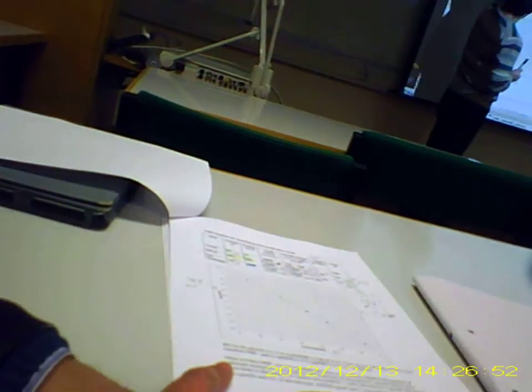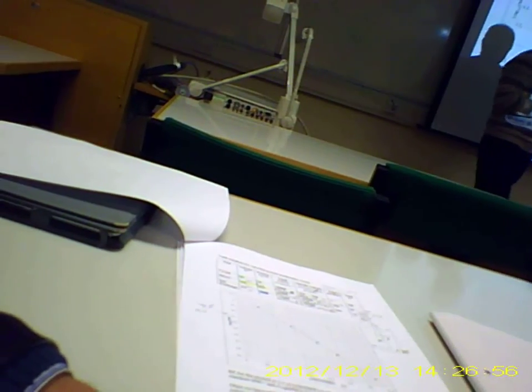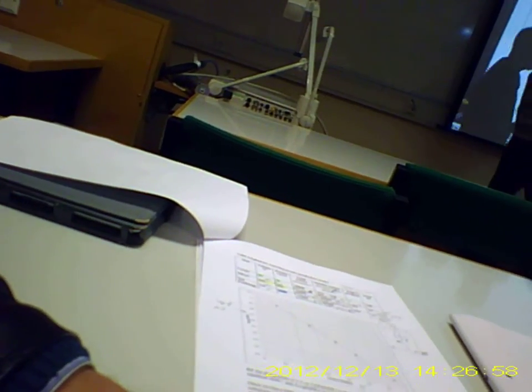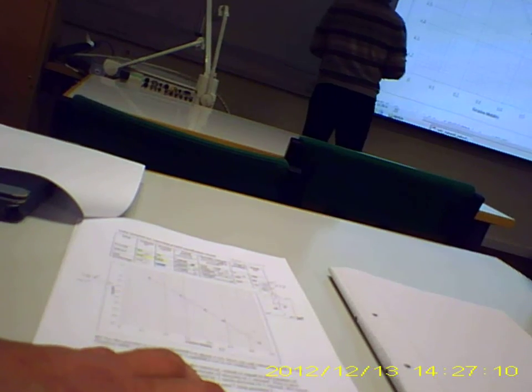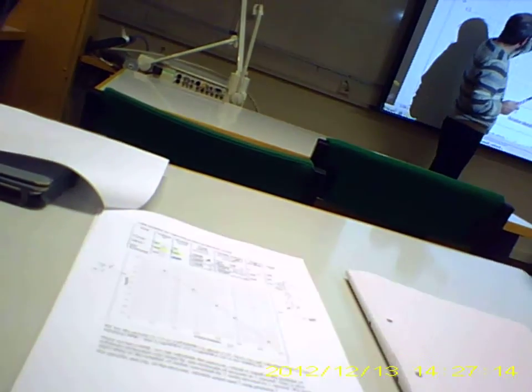And when we plot all the different proteins from the marker, they will arrange more or less along one straight line.